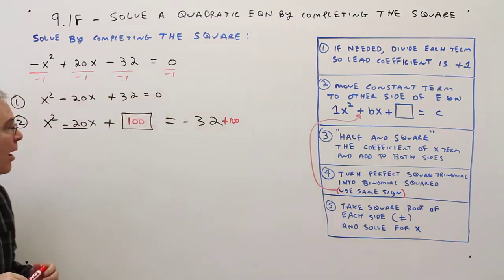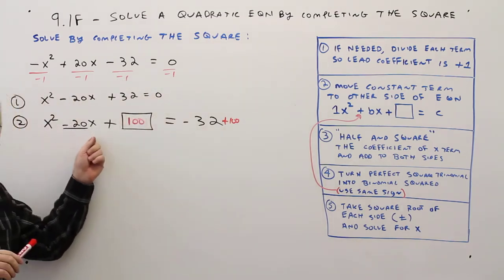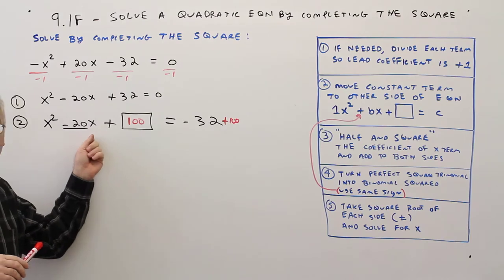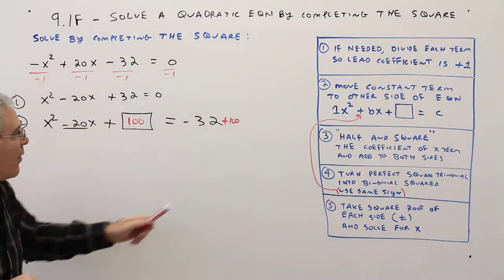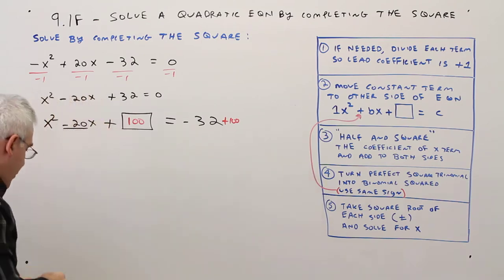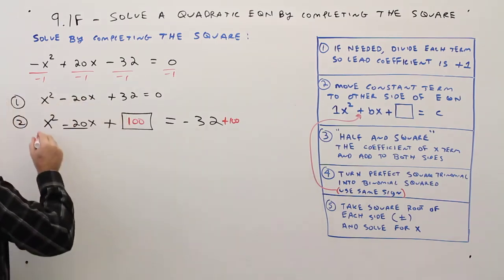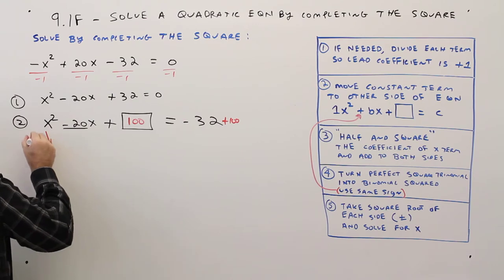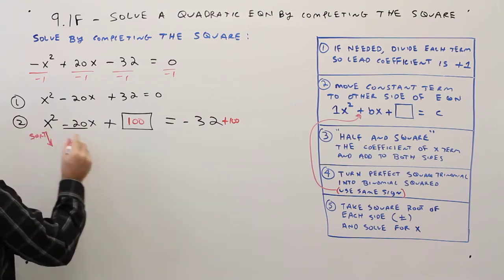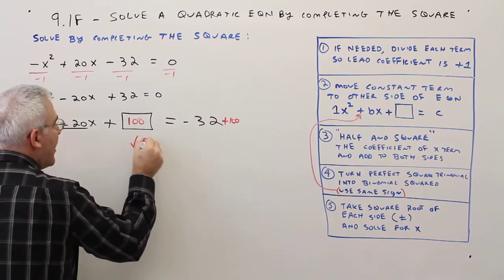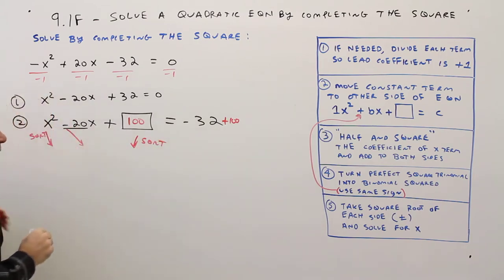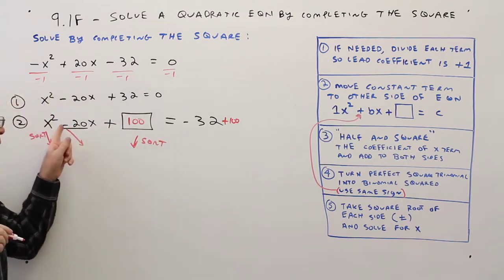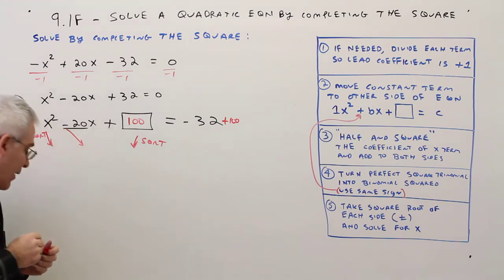All right, what I've done now is I've forced this to be a perfect square trinomial. That's what completing the square means. All right, so I'm now at step 4. So what I tell my students is I'm going to take the square root of this number, I'm going to take the square root of that number, and I'm going to use that same sign. If that was a plus, I'd have a plus. If it's a minus, I have a minus.